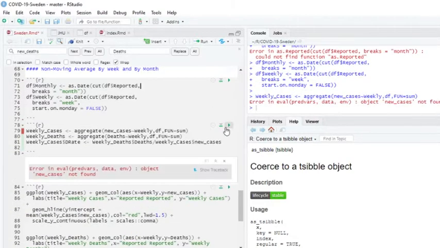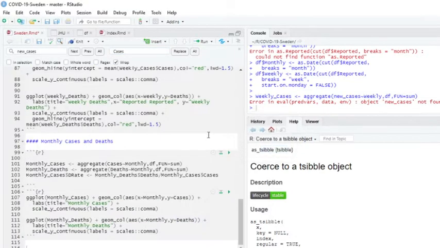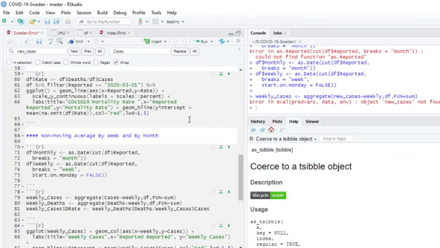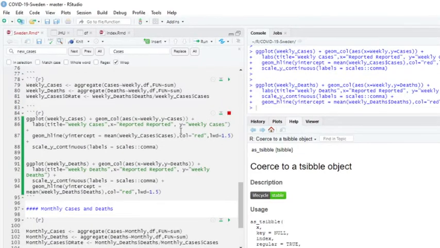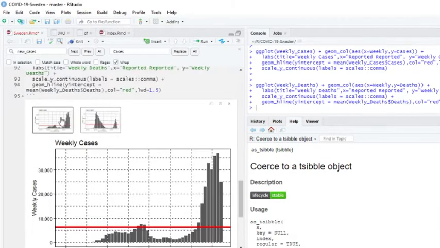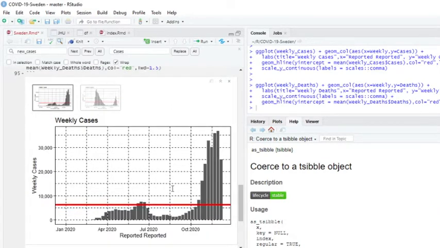Let's see how this works. Okay, let's try it. That works. Let's try plotting these two numbers here now. Okay, very good. Now we can look at the weekly number for cases.